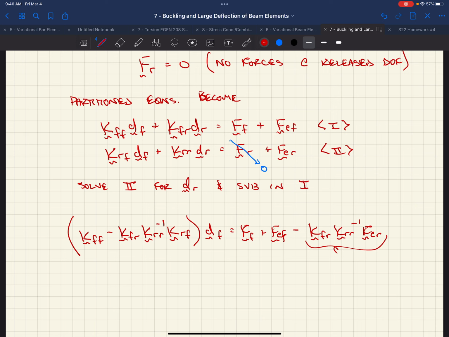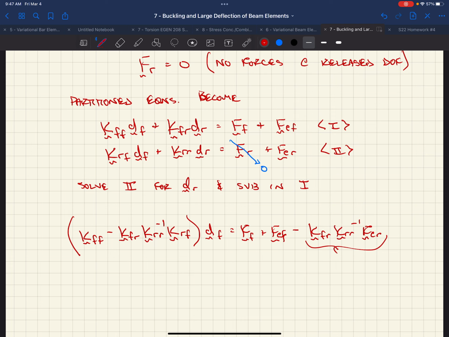equals F_F plus F_EF. It must be F_EF because we're not going to modify our energy equivalent loads with respect to the fixed degrees of freedom, right? So those aren't going to change. We're really going to change now, we have these energy equivalent loads, right? Regardless, the loads that are acting out in the field.